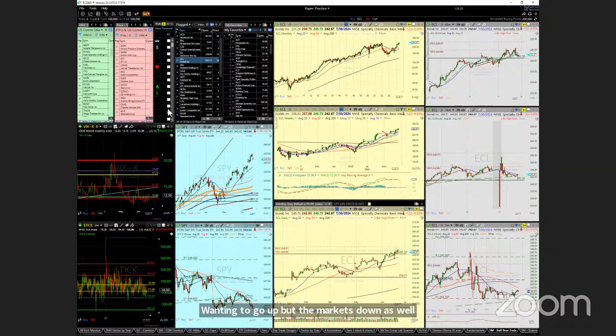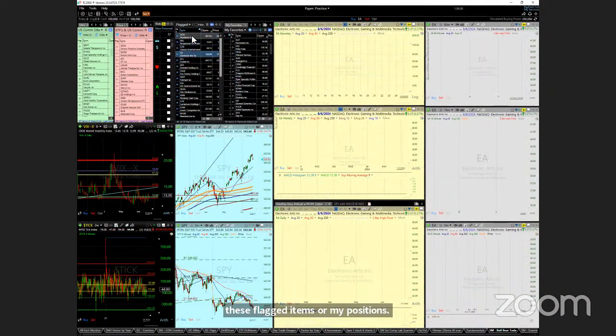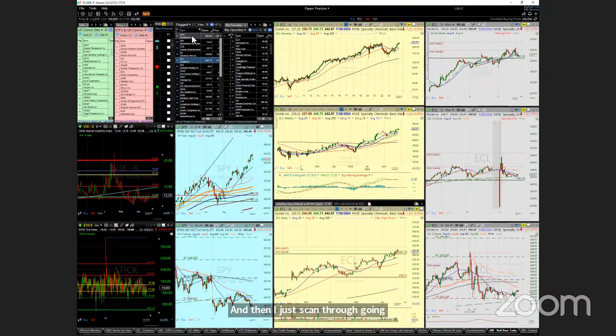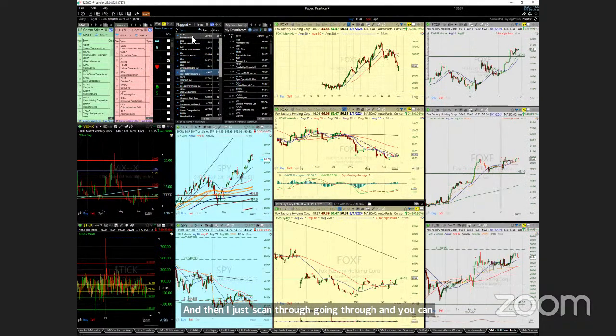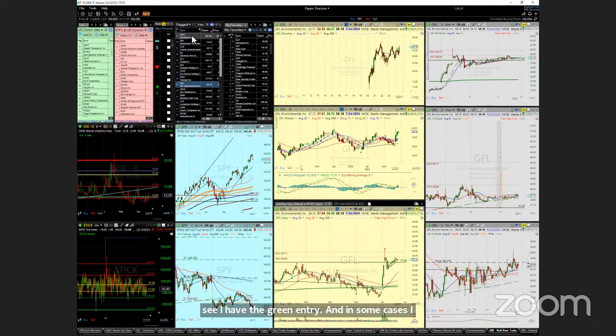Okay, so I use these flagged items as my positions, and then I just scan through, and you can see I have the green entry. In some cases I haven't put the extensions on because I just haven't got to it.